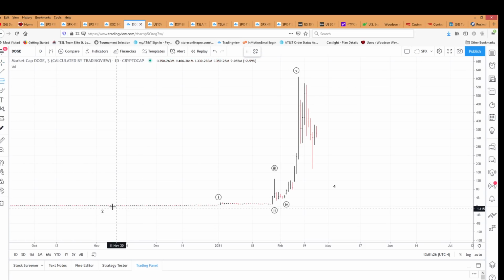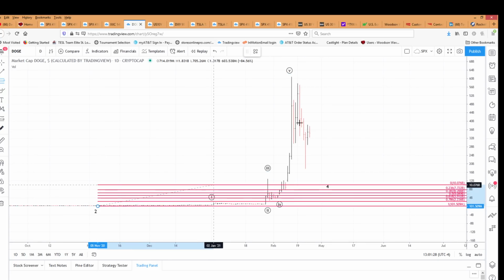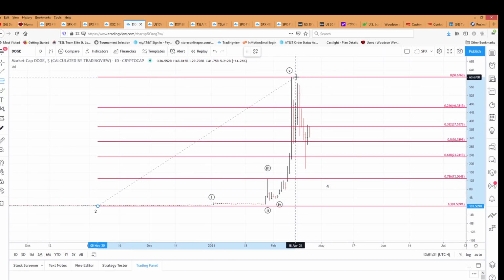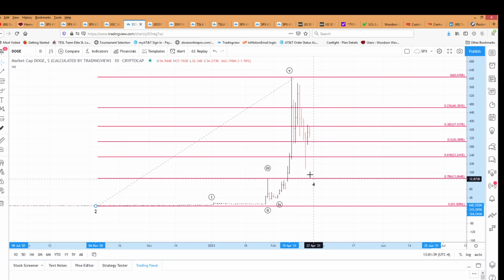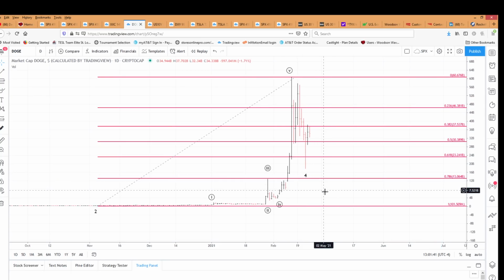See if this works out, that 2's minuscule now, but here we go. Okay, looks like 4th wave went beyond the 618 retracement and not quite to the 786. Okay, so the 4th wave appears complete, and here we go on to wave 5, higher and higher highs.